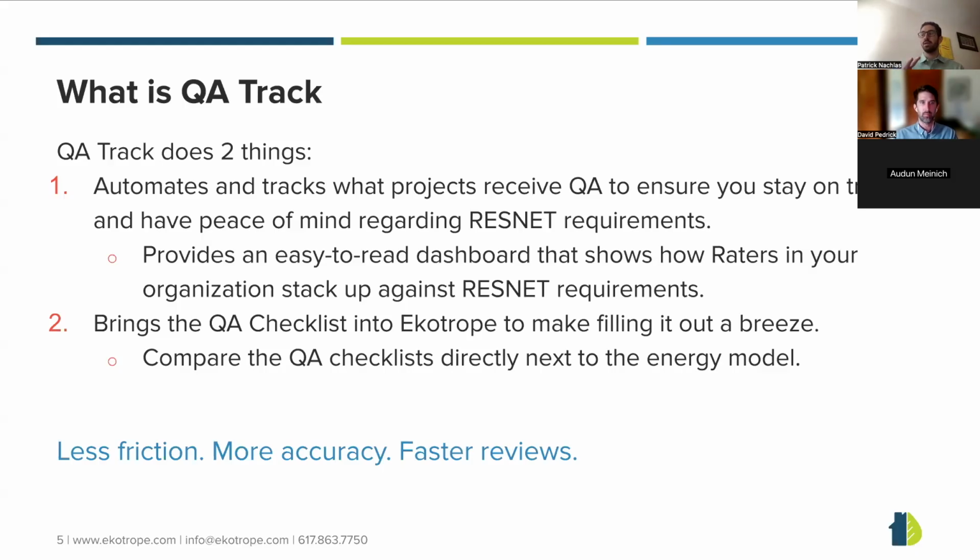The other goal is to bring the QA checklist into Ekotrope and make filling it out easy, give you one source of truth, basically speeding up your process for QA. So it's peace of mind and it's efficiency. That's really the two main goals of QA Track today. Less friction, more accuracy, faster reviews.